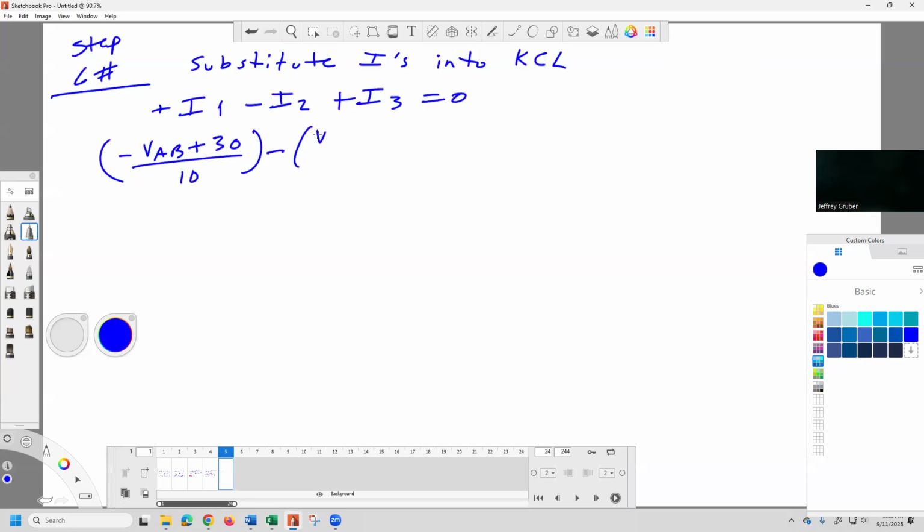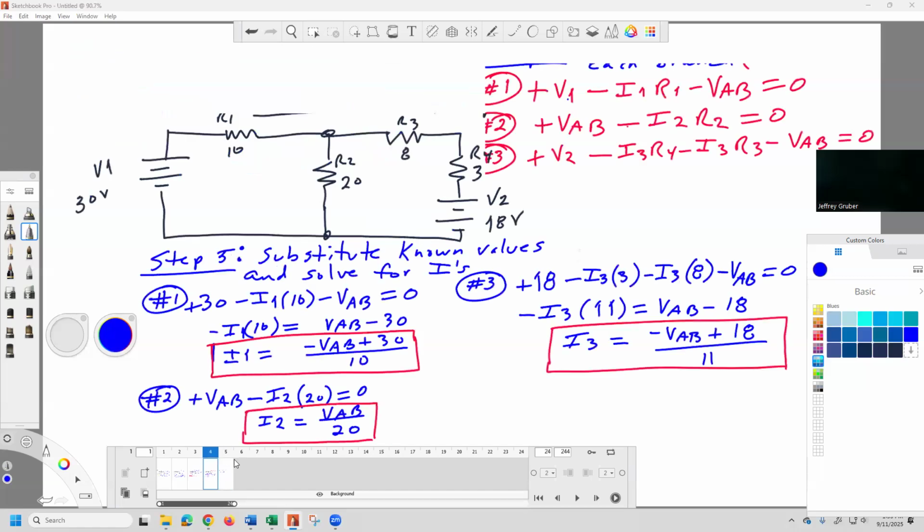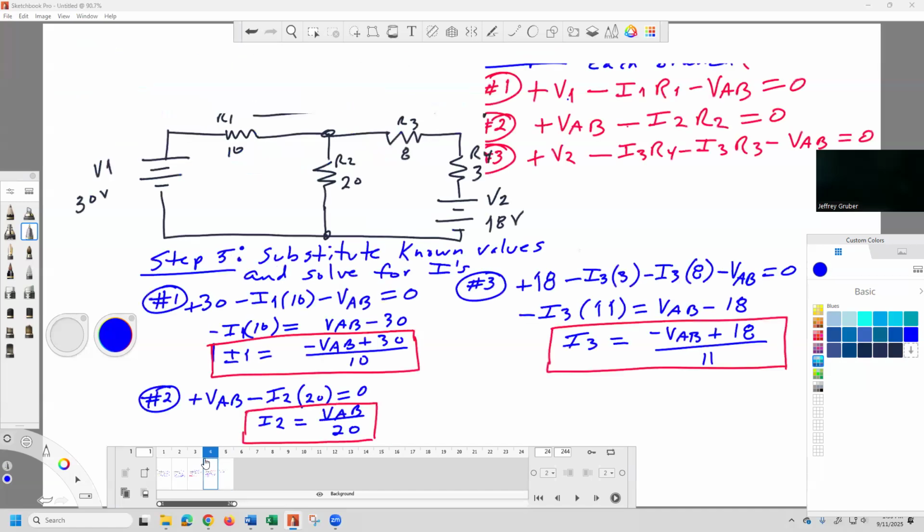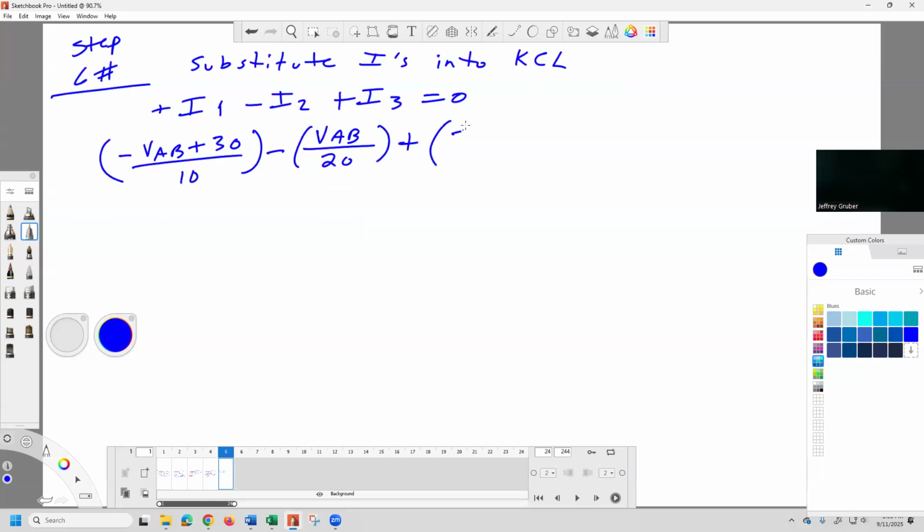Put parentheses around stuff so you don't mess the signs up. And then the last one, plus minus VAB plus 18 divided by 11, equals 0.